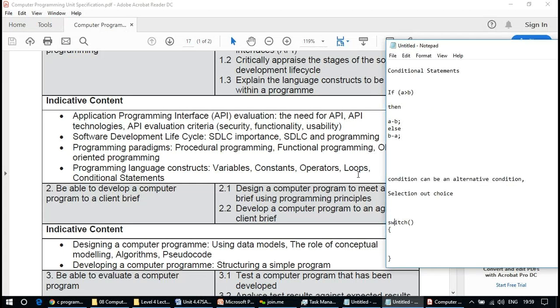Switch is like, when you pass a condition, if you pass 1 into it, condition 1 would be executed somewhere here.